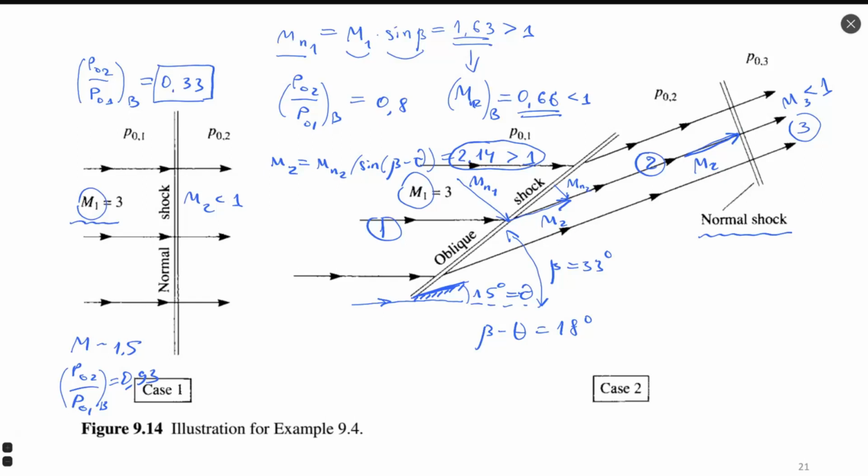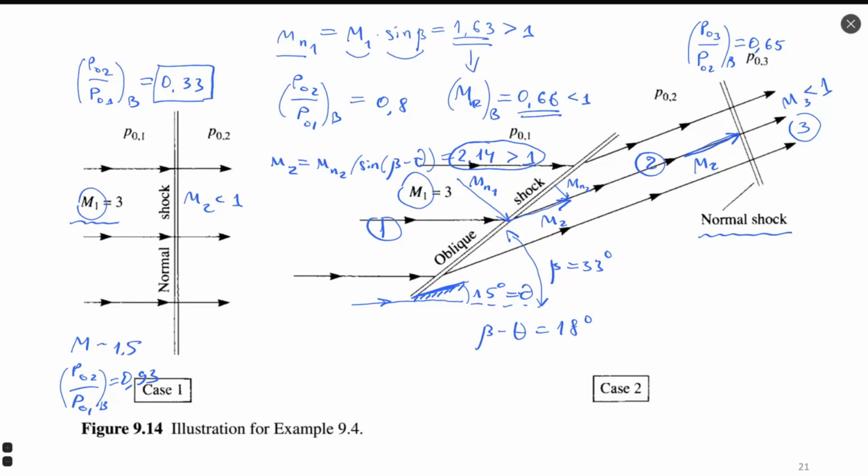I see that on this transition, P03 divided by P02 from appendix B would be 0.65.